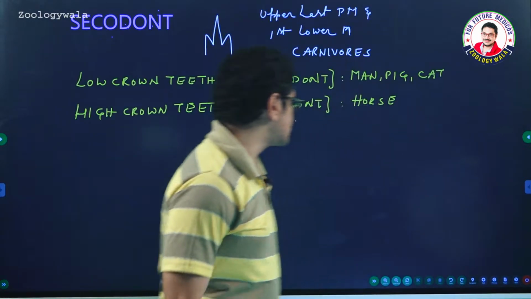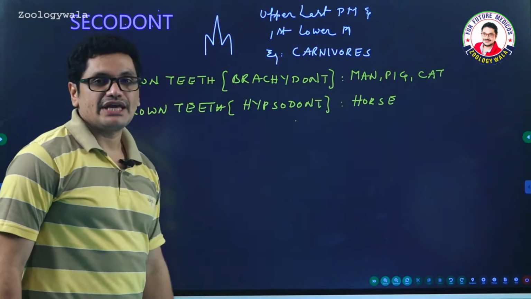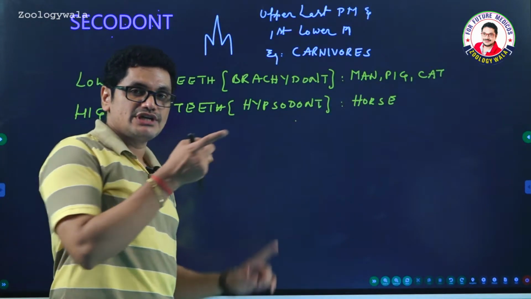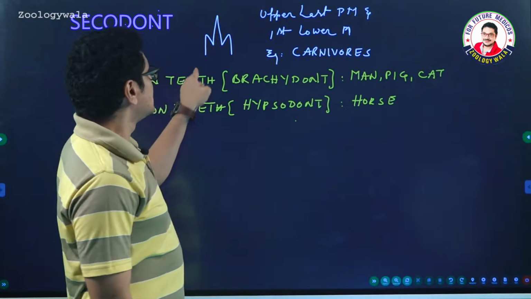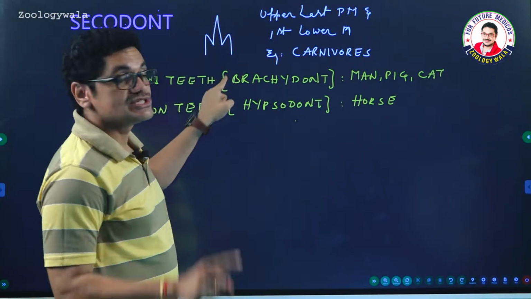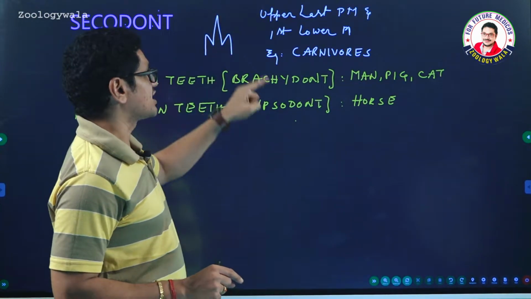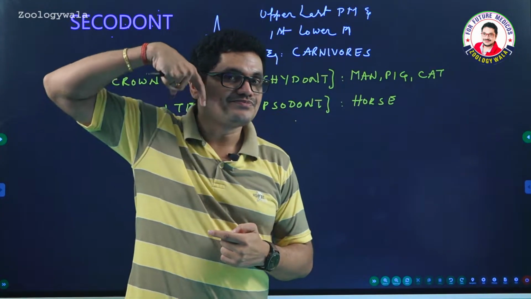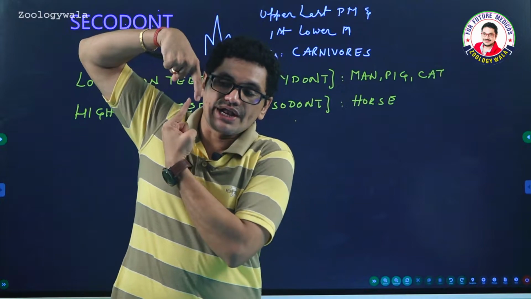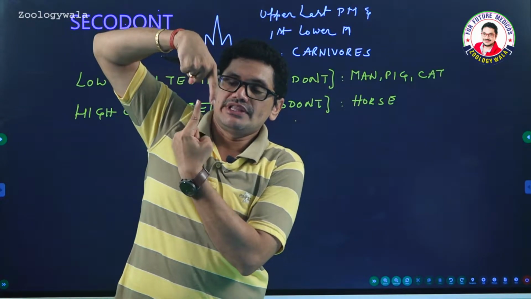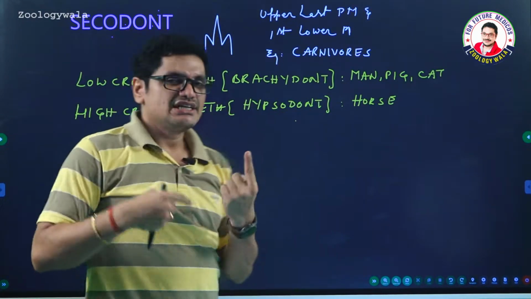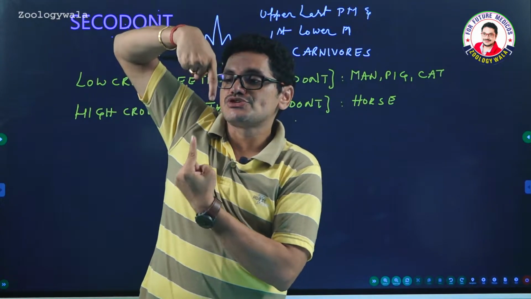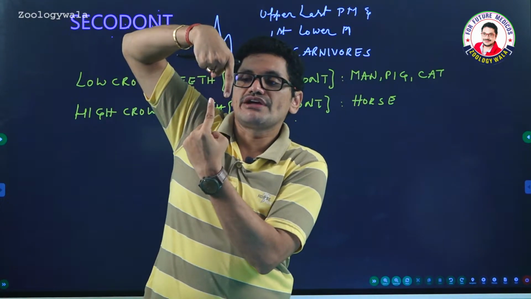Let us see the next type of teeth, secodont, S-E-C-O-D-O. The previous one is selenodont, and now secodont. See here how the tooth appears. Generally the upper last premolar and lower first molar appear like this.